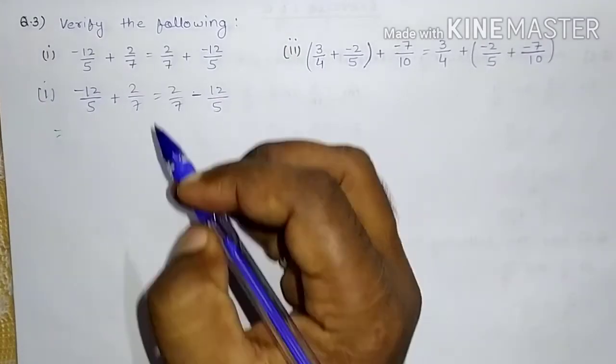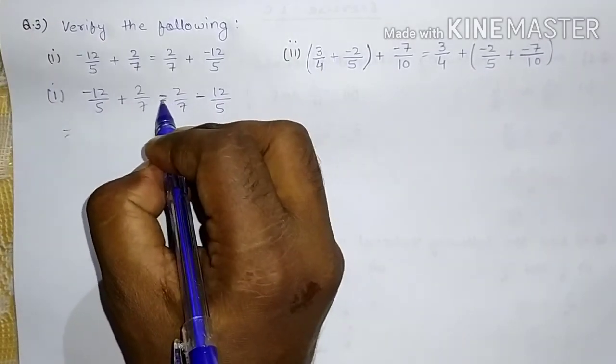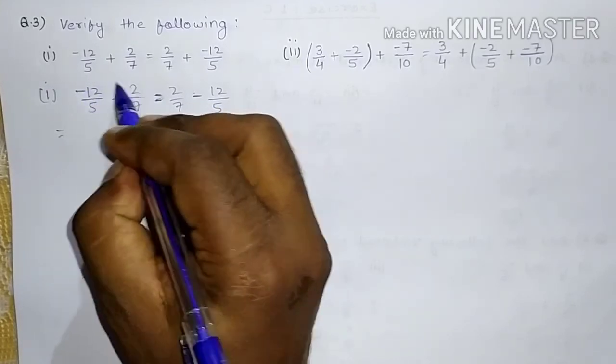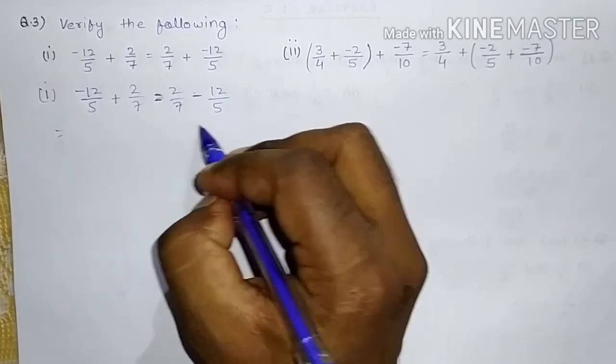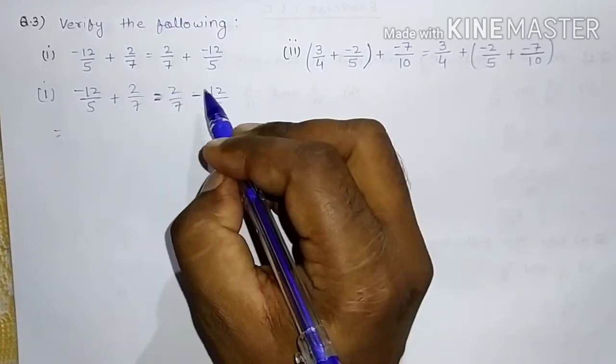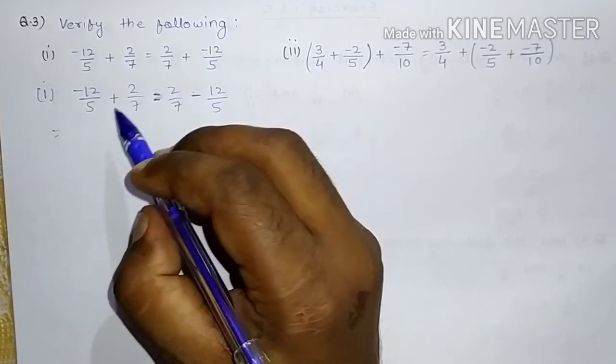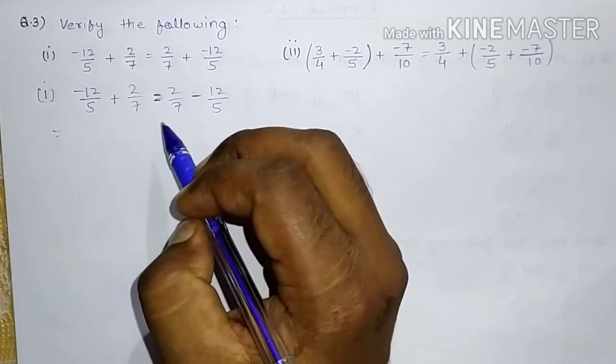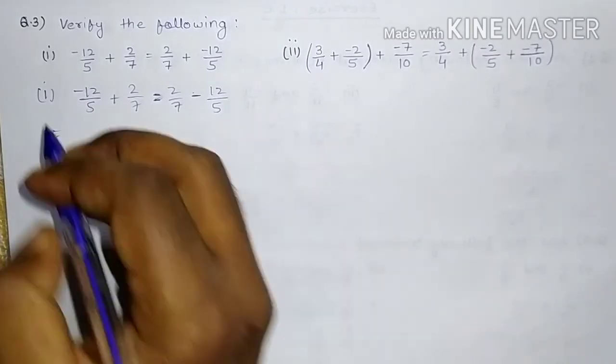Now here the equal sign is in between them, and this is the LHS part, left hand side part, and this is the RHS part, right hand side part. And we have to solve and verify whether the LHS is equal to RHS or not. So it's very simple.